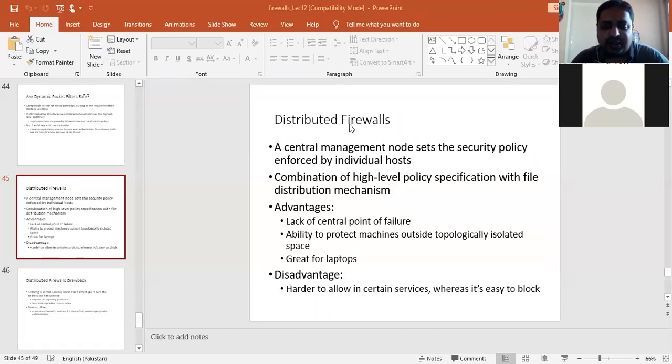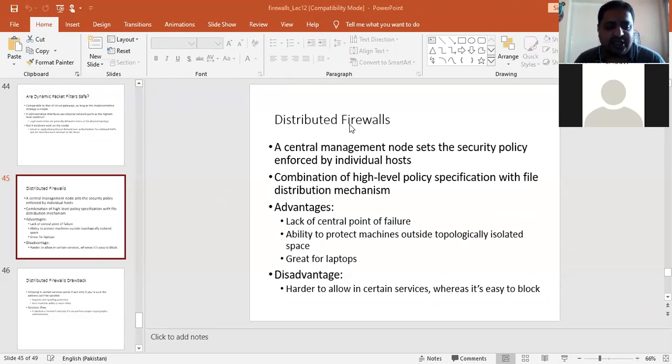There could also be different services which are given access, and then it's very easy to block a particular service. That is also very important, in the sense that an intruder may try to access any of the firewalls and try to block a particular service.